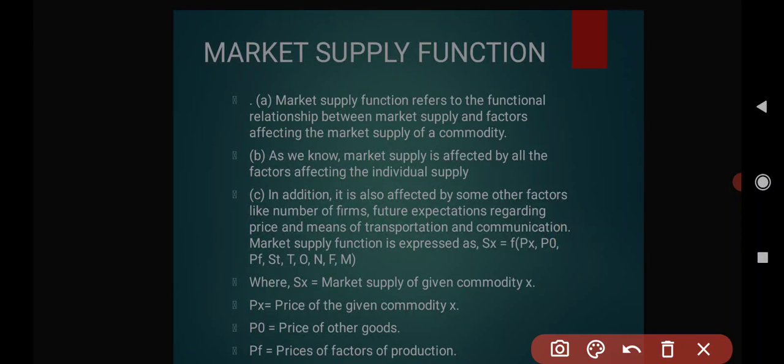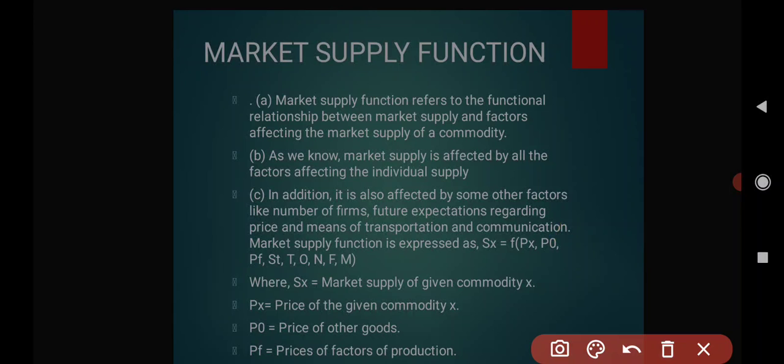Market supply refers to the functional relationship between market supply and factors affecting the market supply of a commodity. As we know, market supply is affected by all the factors affecting the individual supply. In addition, it is also affected by some other factors like number of firms, future expectation regarding price and means of transportation and communication.